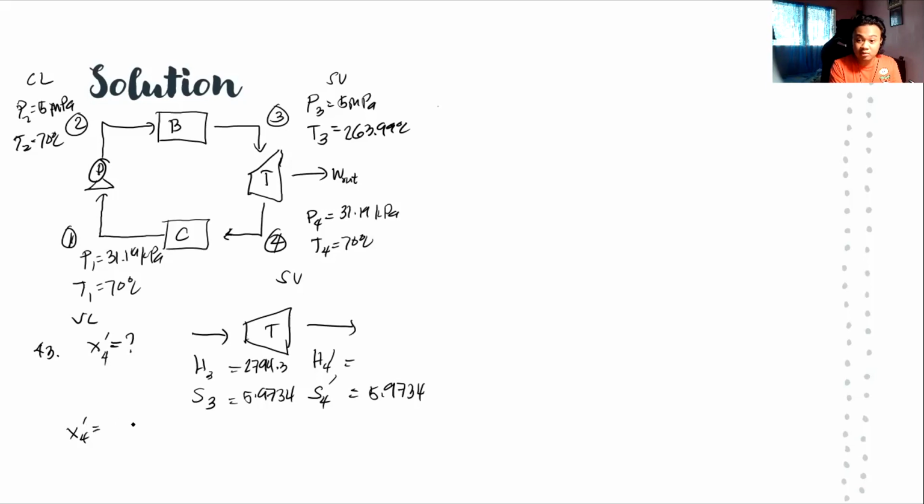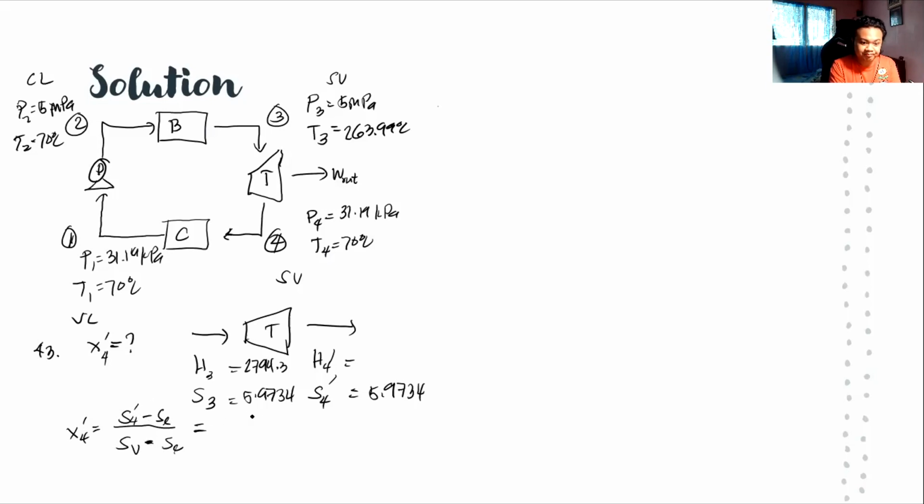We have this formula. So we have S4, and then SL, the entropy at saturated liquid at that temperature, and SV, the entropy at saturated vapor. That's how you solve it.